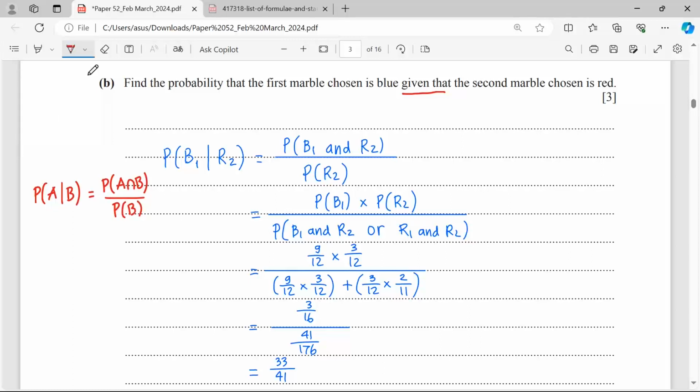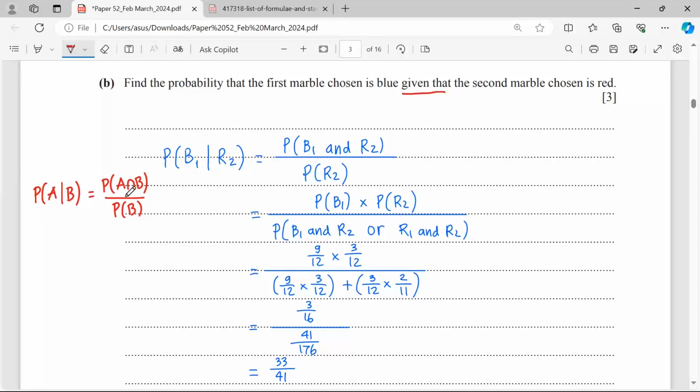You can consider that the first event is a blue marble, and I denote it by B1 here. The second event is a red marble, and I denote it as R2.